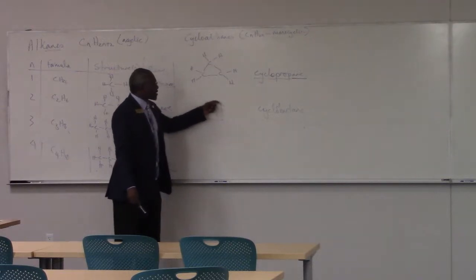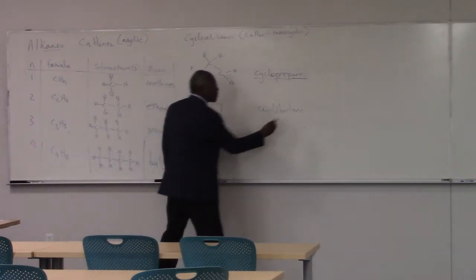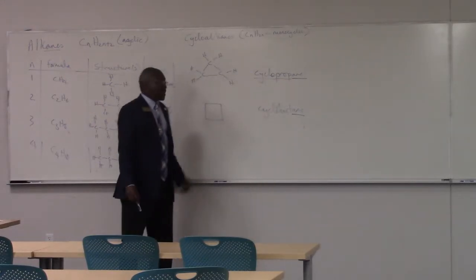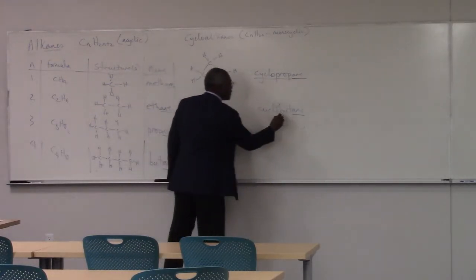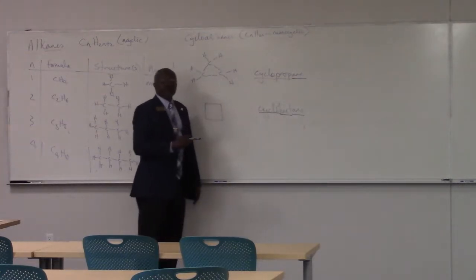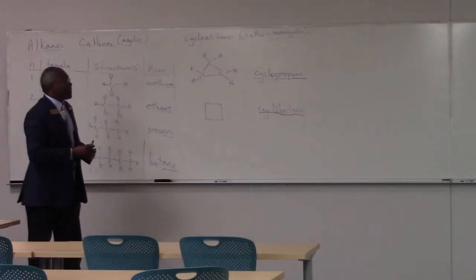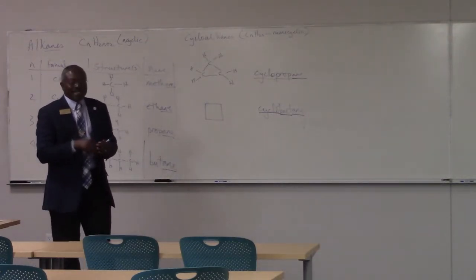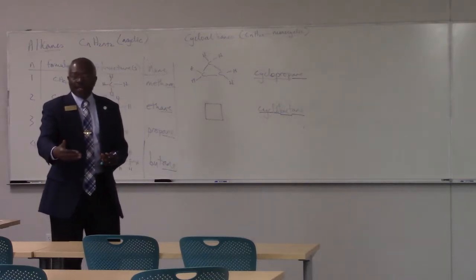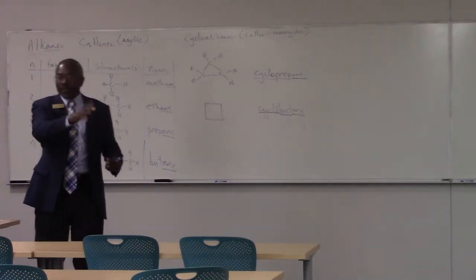This one only has carbon-carbon single bonds and also carbon-hydrogen single bonds, so it's an ane. It's got 4 carbons, so it's a butane, and it's a ring, so it's a cyclobutane. Okay? So we've jumped ahead a little bit in that we're talking about a systematic way of naming organic compounds, which is your naming scheme or your nomenclature, which we get to in a little bit.